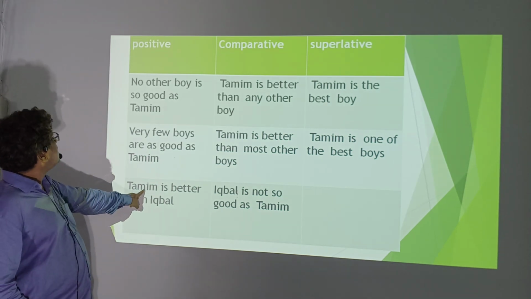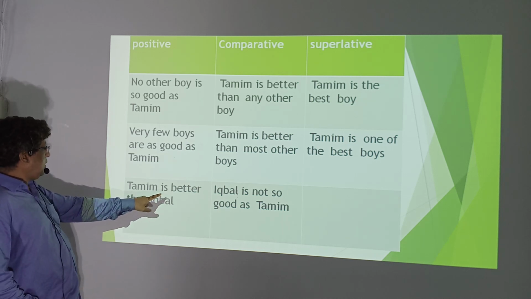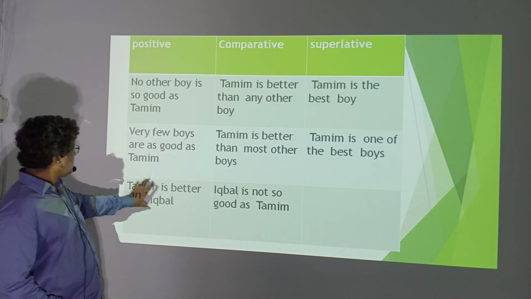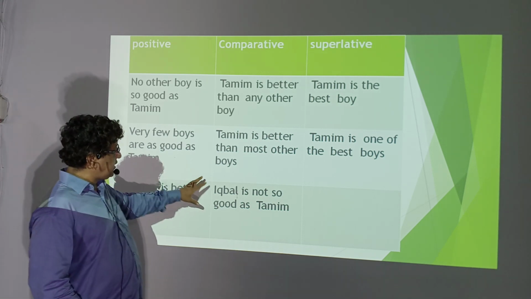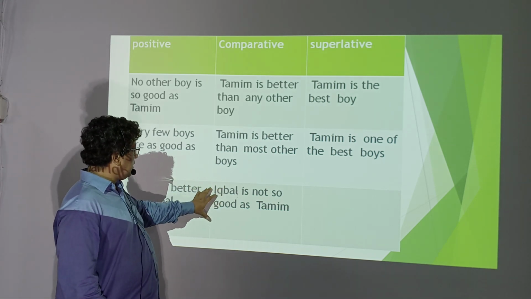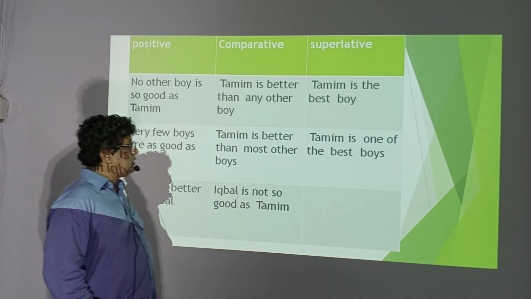"Tamim is better than Iqbal": this is the comparative form. Then the object form "Iqbal" will come in the subject, and when we make it into the positive form, it is "Iqbal is not so good as Tamim."